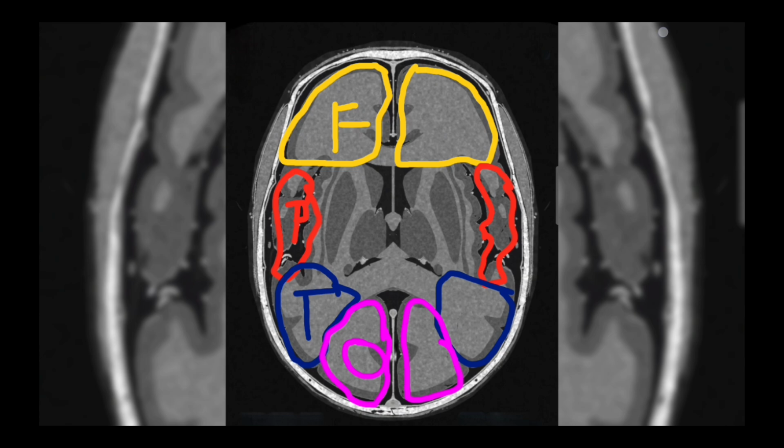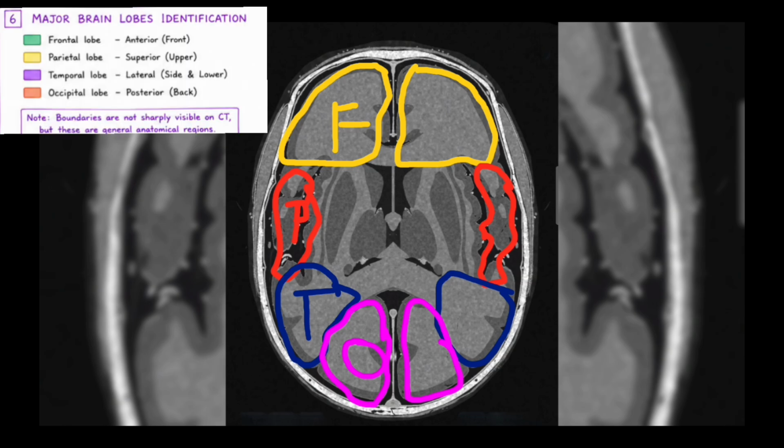Laterally and inferiorly we identify the temporal lobes, and posteriorly we have the occipital lobes. So simply remember this: frontal, parietal, temporal, and backward is occipital lobe. Don't worry if you can't identify the exact boundaries perfectly at first. At this stage, the goal is to understand the overall regional anatomy.